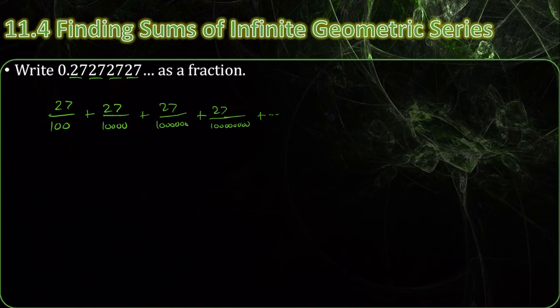All right, so this is an infinite geometric series. a1 is 27 over 100. For r, we're multiplying the top by 1 and the bottom by 100. So it's a1 over 1 minus r for an infinite geometric series. a1 is 27 over 100. r is 1 over 100.